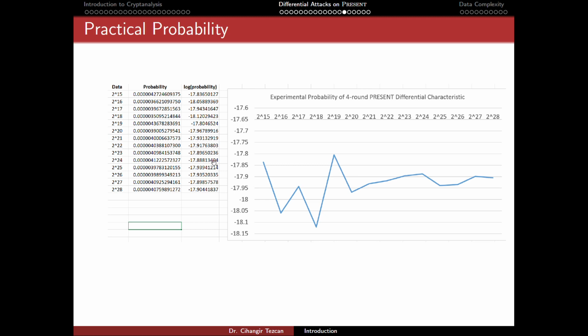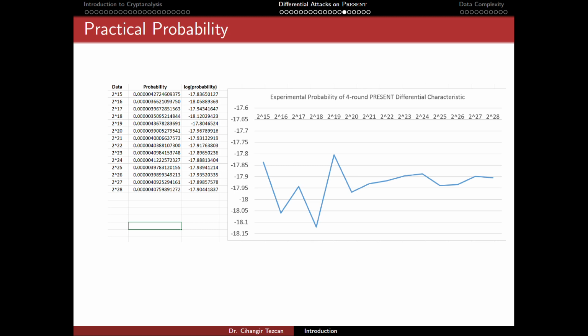Some of you maybe chose the n very small like this because your implementation was really slow. But a good implementation, for instance, in my implementation where I used 2 to the 22 data here, it took less than 4 minutes on my laptop. So pay attention to your implementation for optimization, because you can really make it faster if you want to.